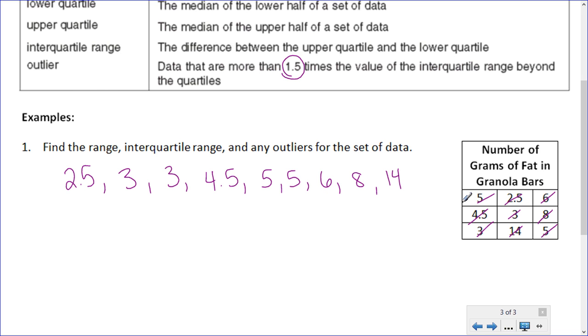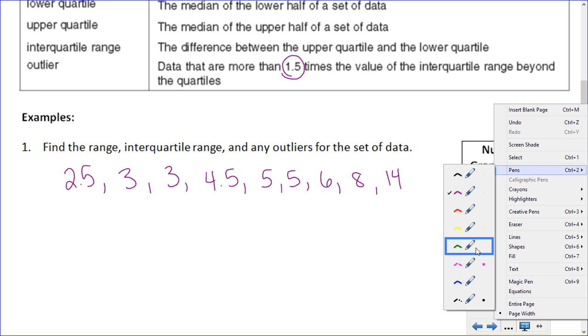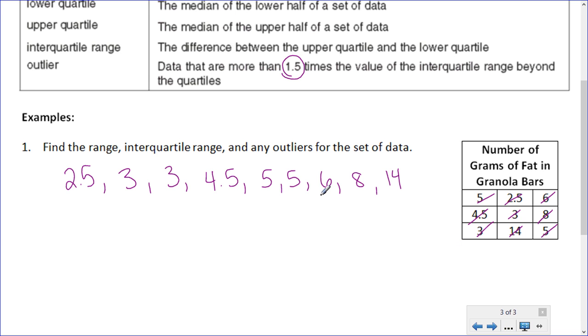Okay, so we have a total of 1, 2, 3, 4, 5, 6, 7, 8, 9. So we have an odd number, so our median will actually be the middle number. So 4 on each side. The one in the middle is right here. That's the median.